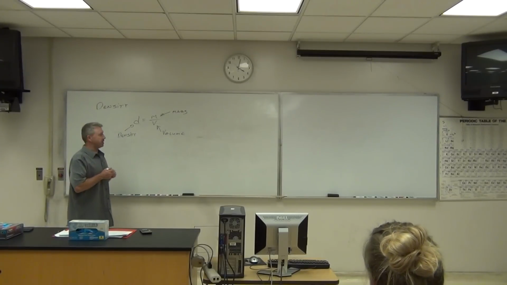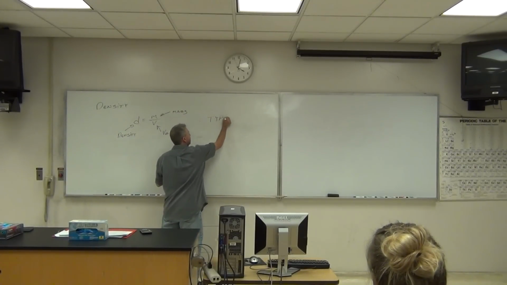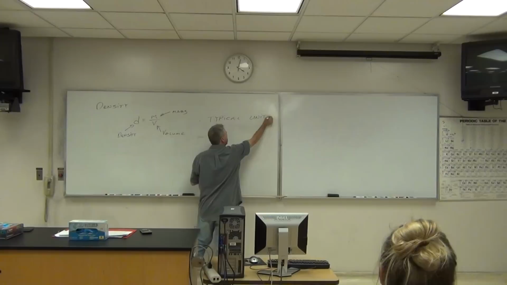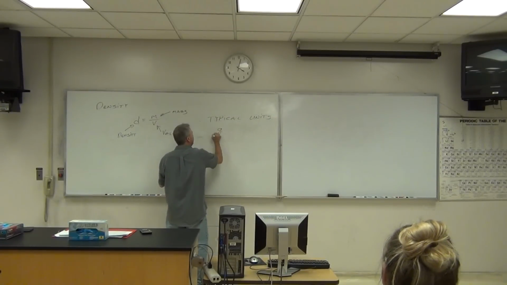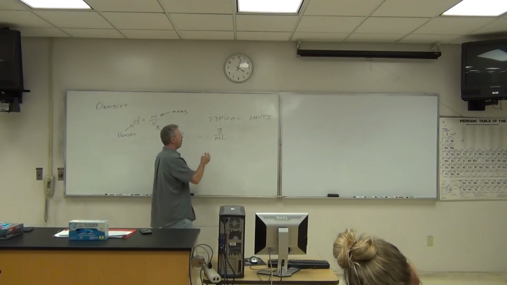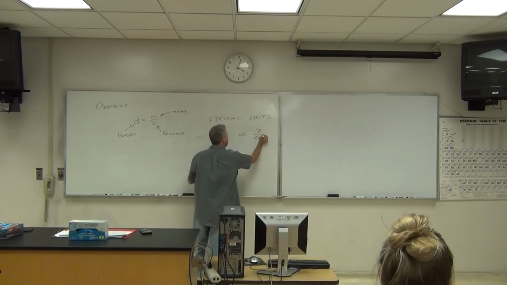Now, typical units of density are grams per mil or grams per cubic centimeter.